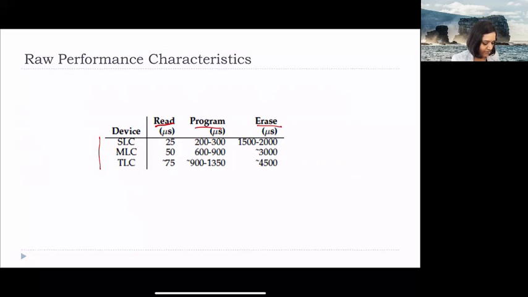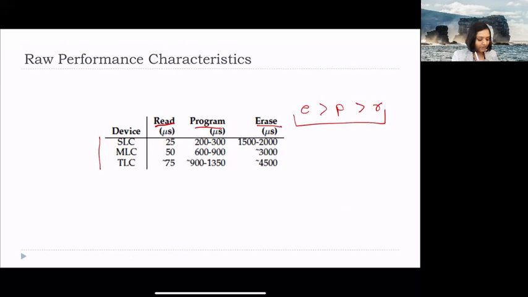One trend we can see clearly here is that erase is the costliest operation, the one that takes the most amount of time. Then program, and then reads are really, really quick for all 3 of them, SLC, MLC, or TLC. Irrespective of what technology of SSD we use, this trend of erase being most costly, then program, and then read being the quickest, applies.